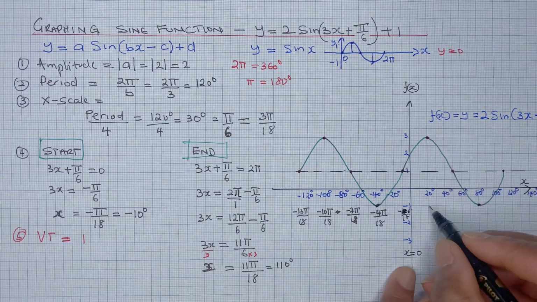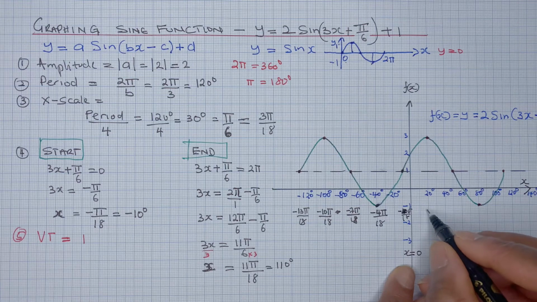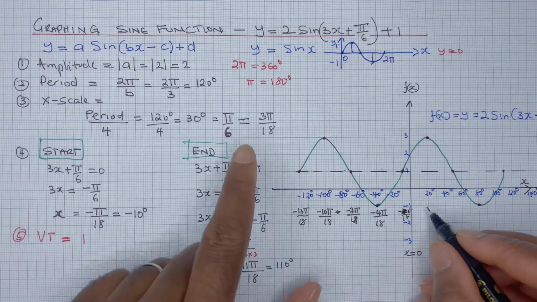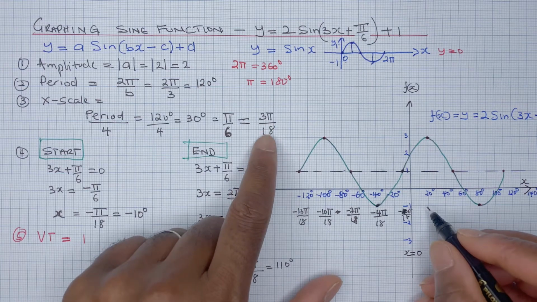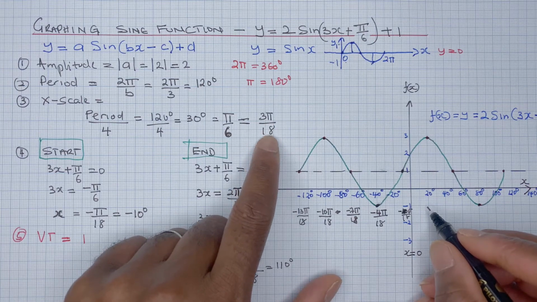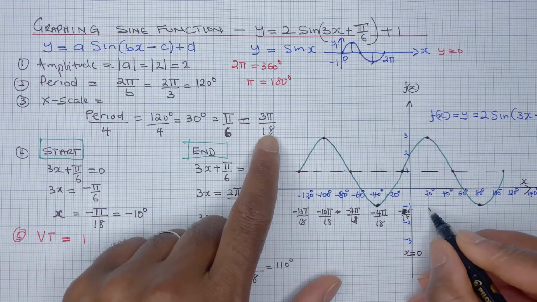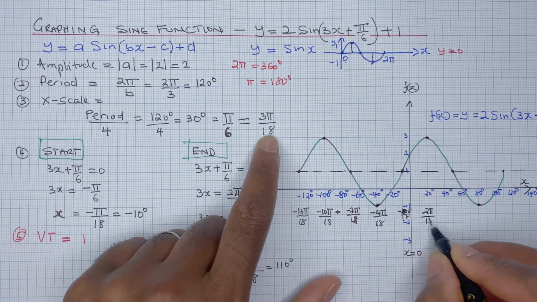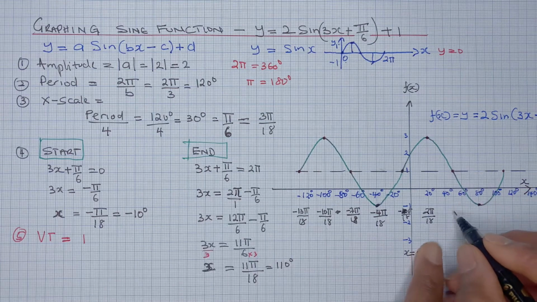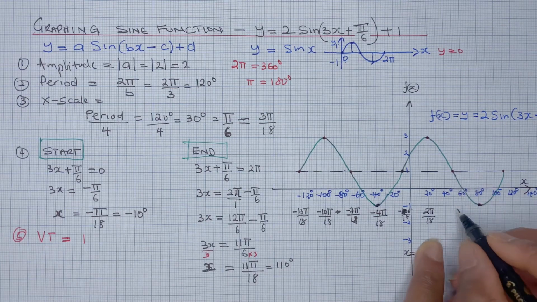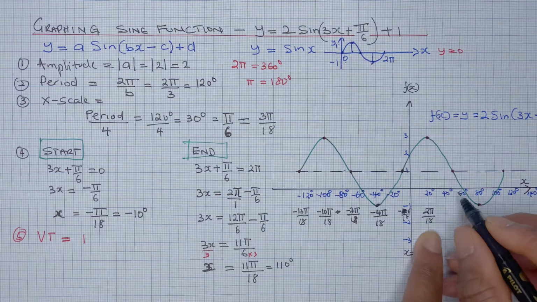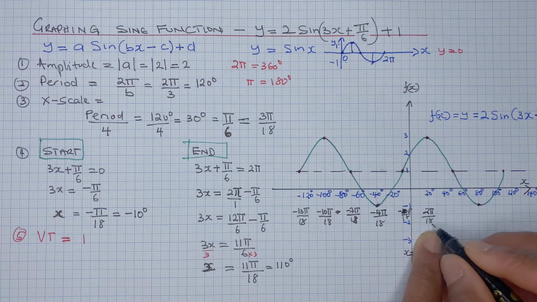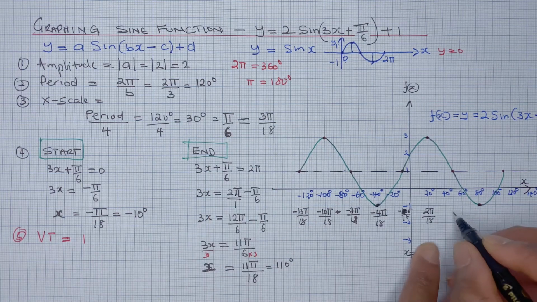This one here will be minus pi over 18, and you're adding 3 pi. So 3 pi plus minus pi will be 2 pi. So this is going to be 2 pi over 18. This one here will be 5 pi, because if you have 2 pi, you add 3 pi over 18, that will be 5 pi.